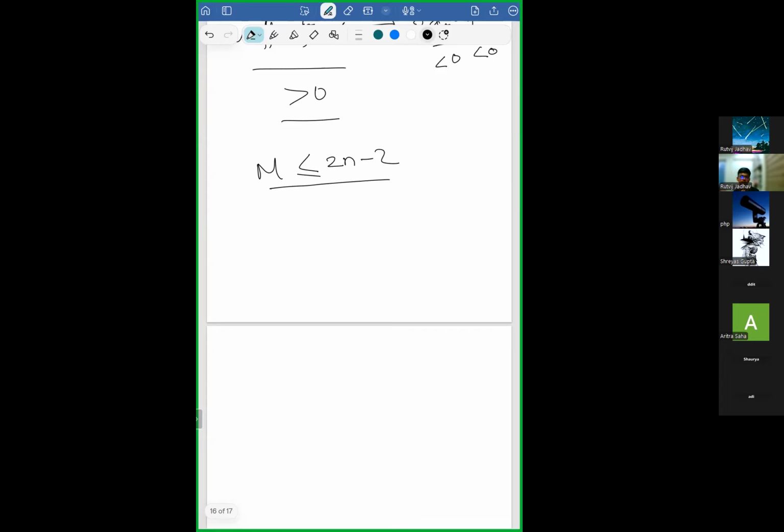So how can I get a construction? We can take a simple quadratic, right? Take x minus 1 whole square. So it's 2, and when we expand it, we have one negative coefficient.